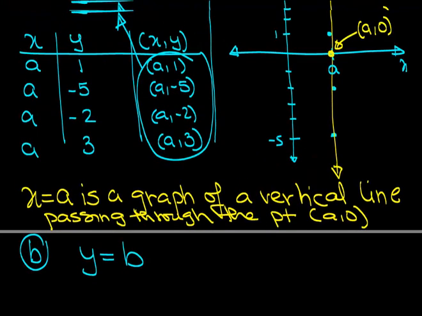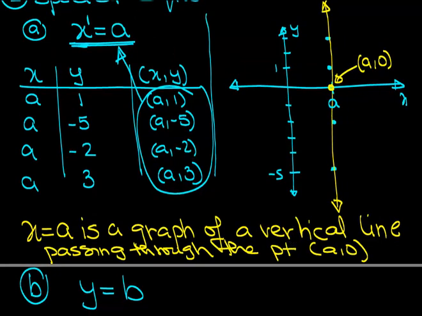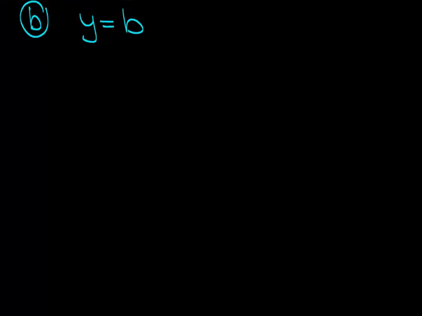I'm sure you've guessed it. It'll be y is equal to b. I'm not going to go through that much work like I did over here. You can do that. On this equation, what are we saying? The y value is always b. That means x can be any random number you want it to be. And because the degree is 1 here, you know it's going to be a line.